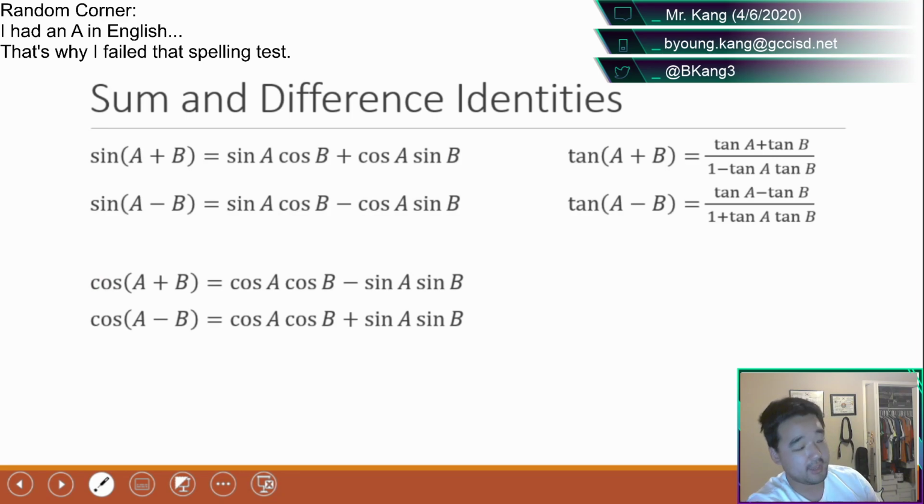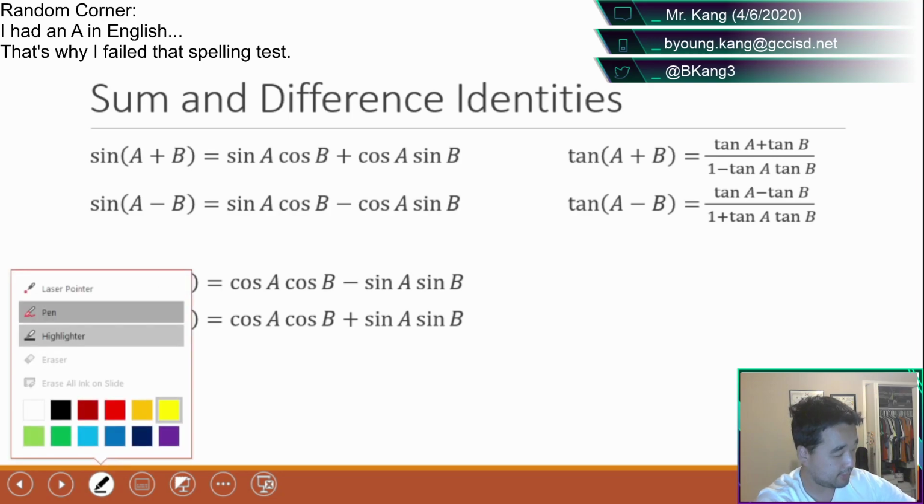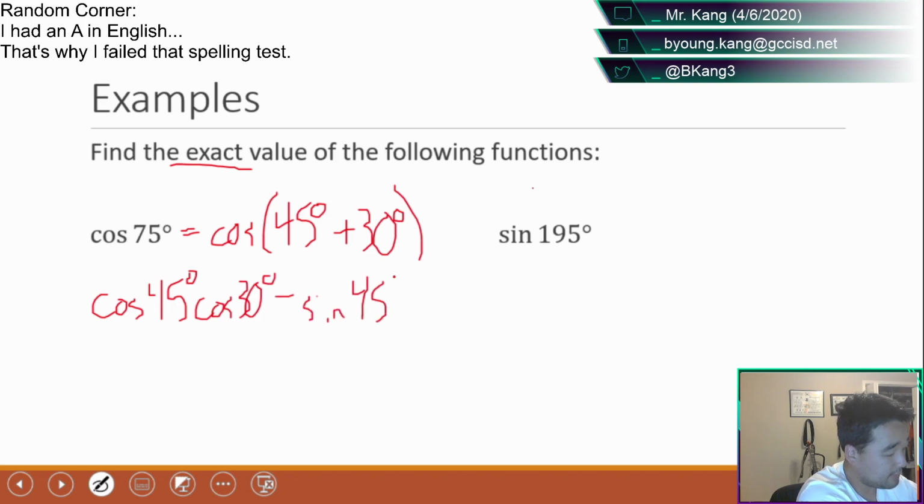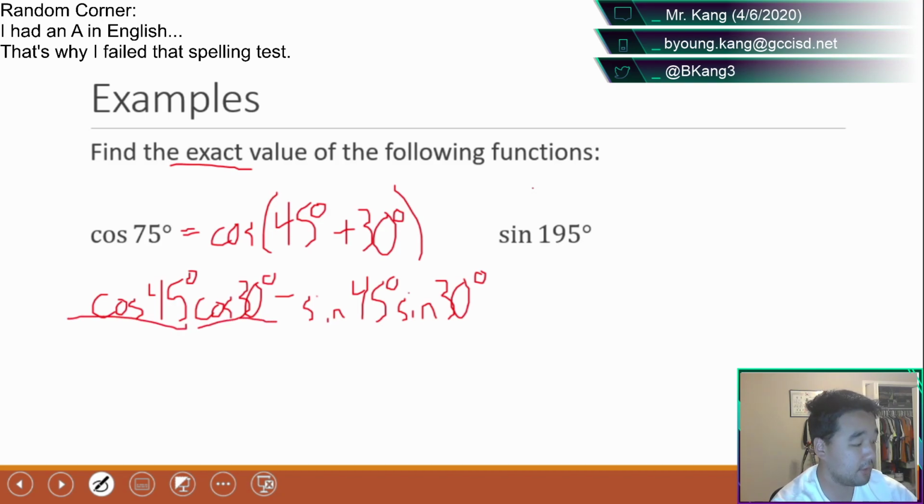We can't look up cosine 75 on the unit circle, but we can rewrite it as cosine of 45, cosine of 30, minus sine of 45, sine of 30. Now I've changed this problem into 4 things I can directly look up off the unit circle.